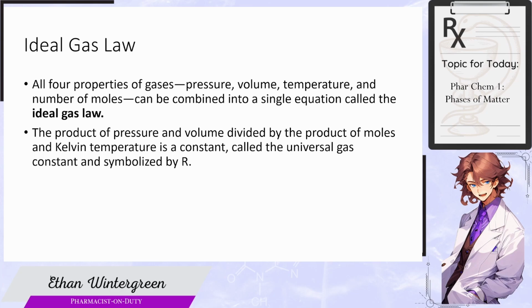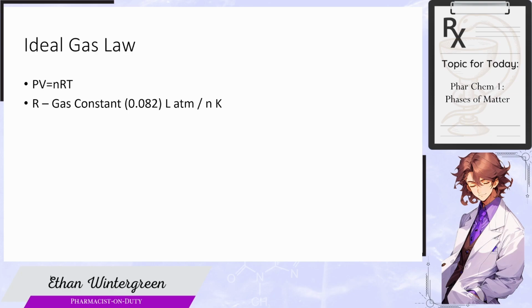Next, we have a combination of all the previous laws, which takes into consideration temperature, pressure, number of moles, and volume. All of this can be combined into a single equation called the ideal gas law. The product of pressure and volume divided by the product of moles and Kelvin temperature is a constant called the universal gas constant, symbolized by R. So this is our ideal gas law.